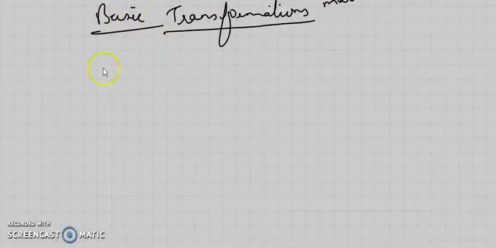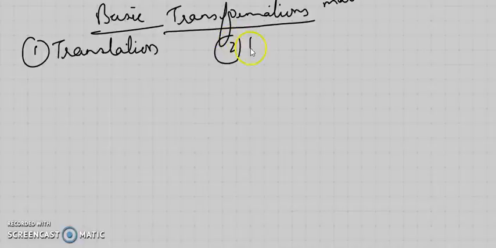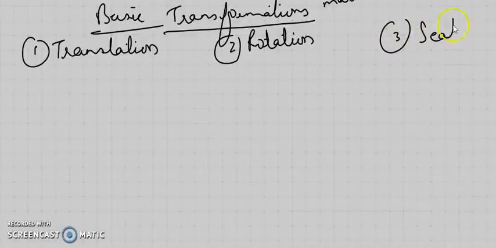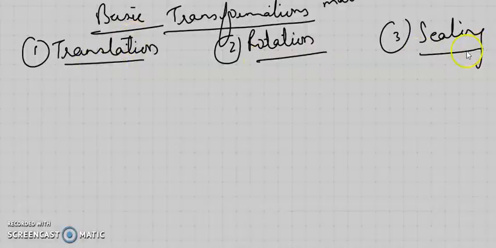The basic transformations are number 1, translation, number 2, rotation, and number 3 is scaling. So first is translation, second is rotation, third is scaling. These are the 3 basic transformations.